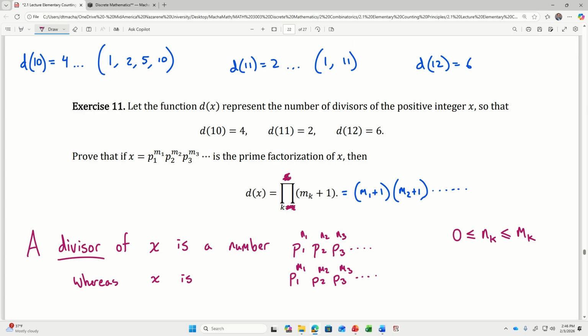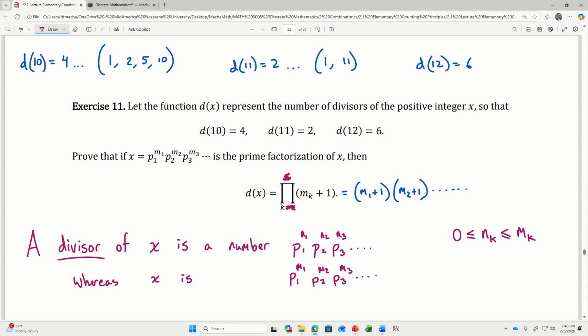Does that make sense? A divisor can't have any prime factors that the number x doesn't have. But it's okay if it doesn't have one of the prime factors. And it's okay if it has one of the prime factors raised to a smaller power. Just like 2 is a divisor of 10, 2 has 2 as a factor, just like 10 has 2 as a factor, but 2 doesn't have 5 as a factor.